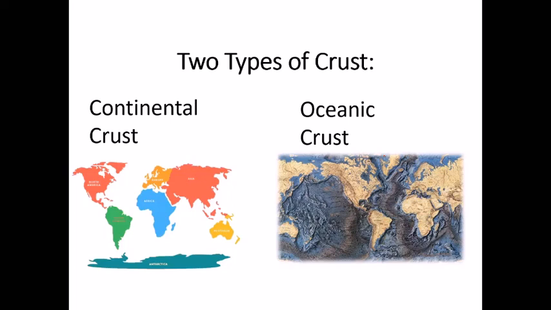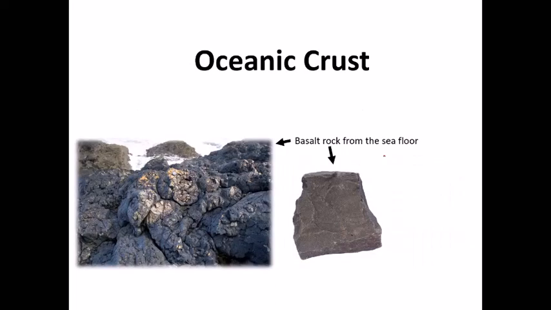Okay, so moving right along to continental crust and oceanic crust. This is another topic I ask a lot of questions about on the test. I could almost guarantee you I'm going to have a question on the test about this. You need to know, both on the final and midterm, by the way, the difference between continental crust and oceanic crust. So oceanic crust is like basalt rock from the seafloor.